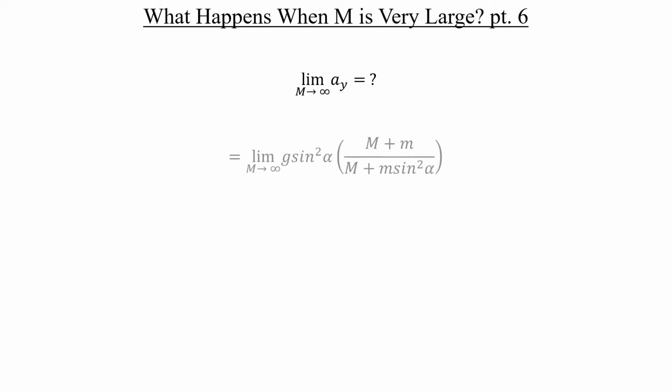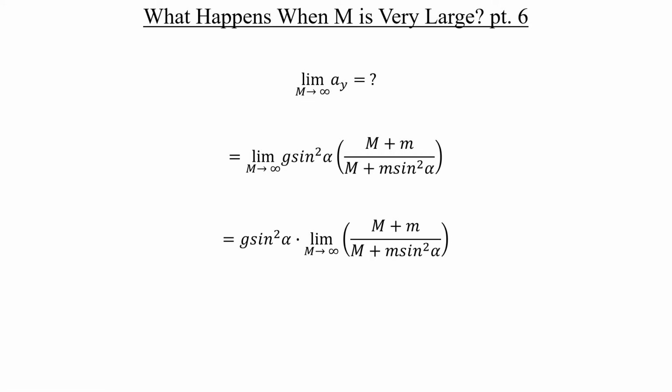When we plug this in, our first step is factoring out the g sine squared alpha coefficient in front of the limit. It doesn't contain capital M, so again, it doesn't care about the limit whatsoever. Like the last component, we can't plug infinity in right away because we'd end up with an indeterminate form of infinity over infinity.